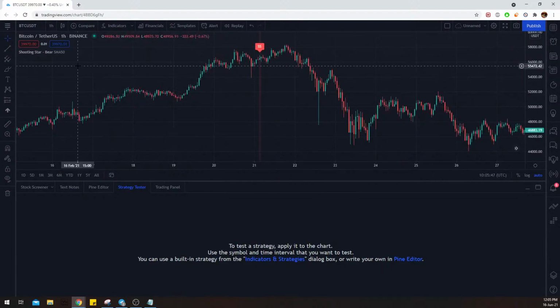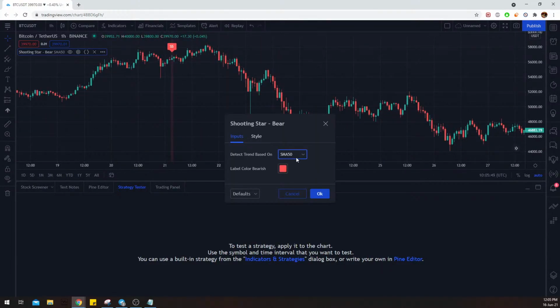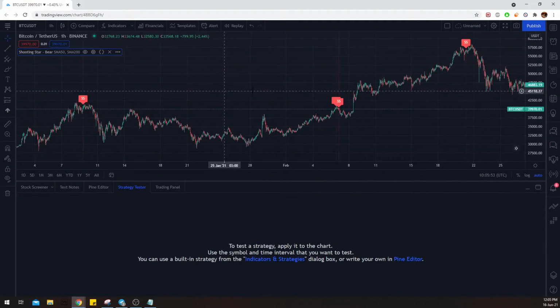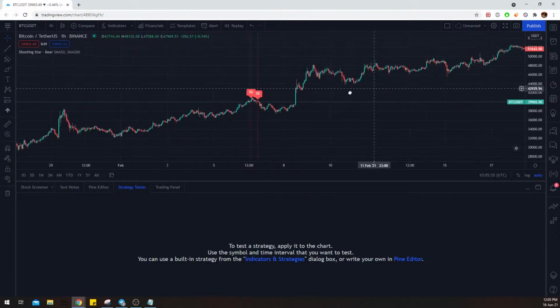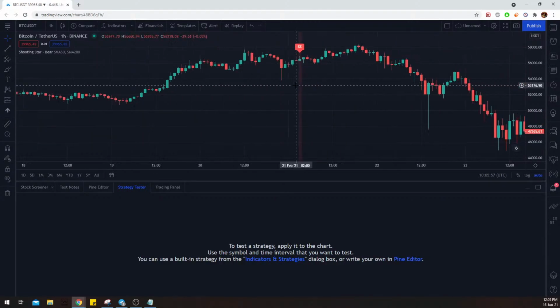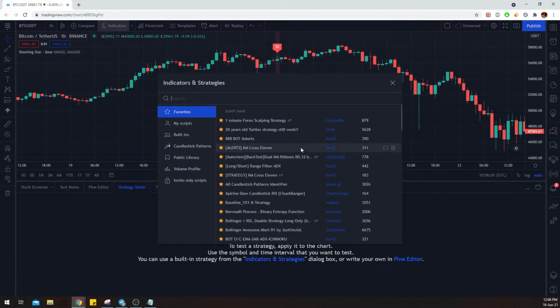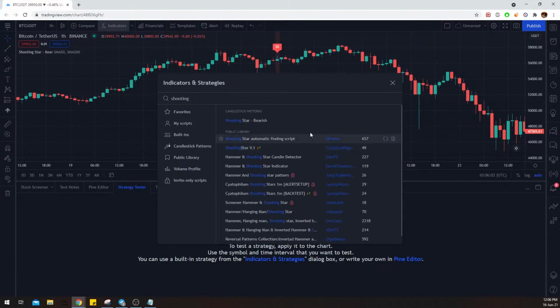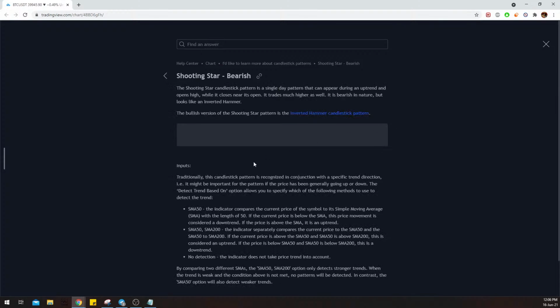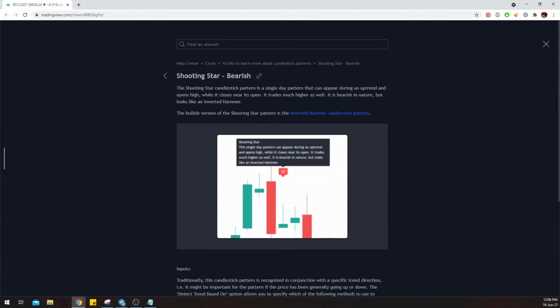We can see once again we have the SMA 50 for confirmation. Maybe if you want we can go with SMA 20, and we can see it here. One more time, let's go with the definition. Sorry for not telling it. Like I said, it's just going to be the reversal of the hammer.